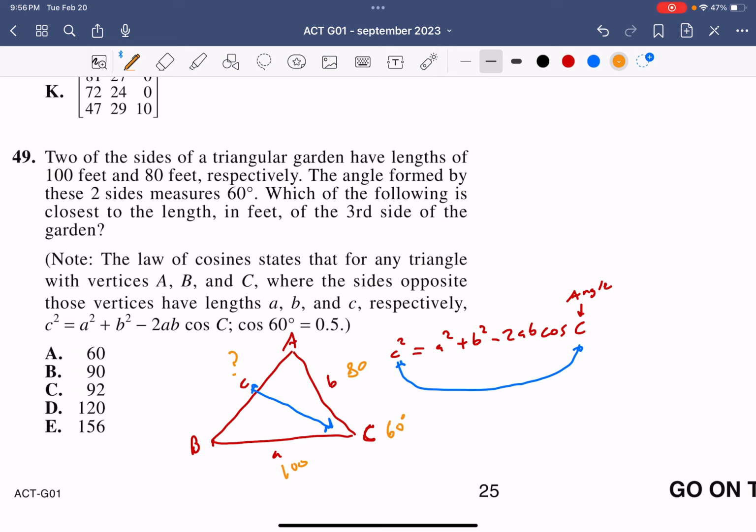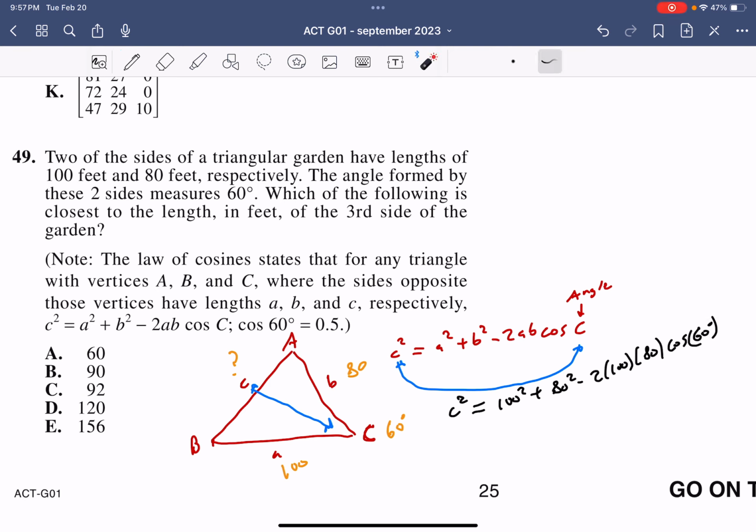Now I have c squared is equal to a squared, which is 100 squared, plus b squared, which is 80 squared, minus 2 times 100 times 80 times the cosine of 60. Be careful when you use this in your calculator.